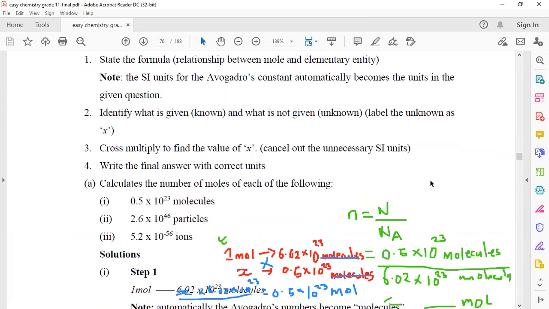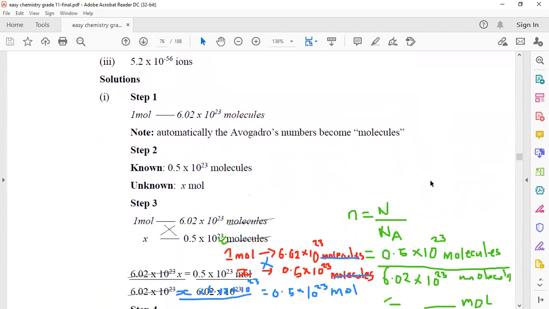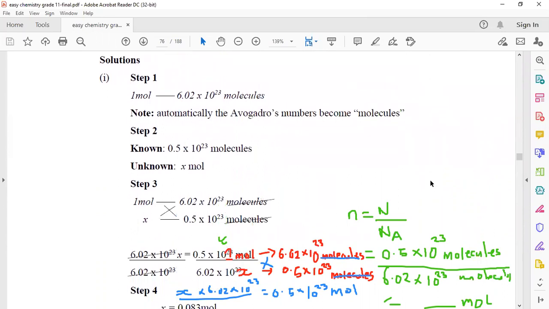So we can look at these examples here. That is the working I was trying to demonstrate.